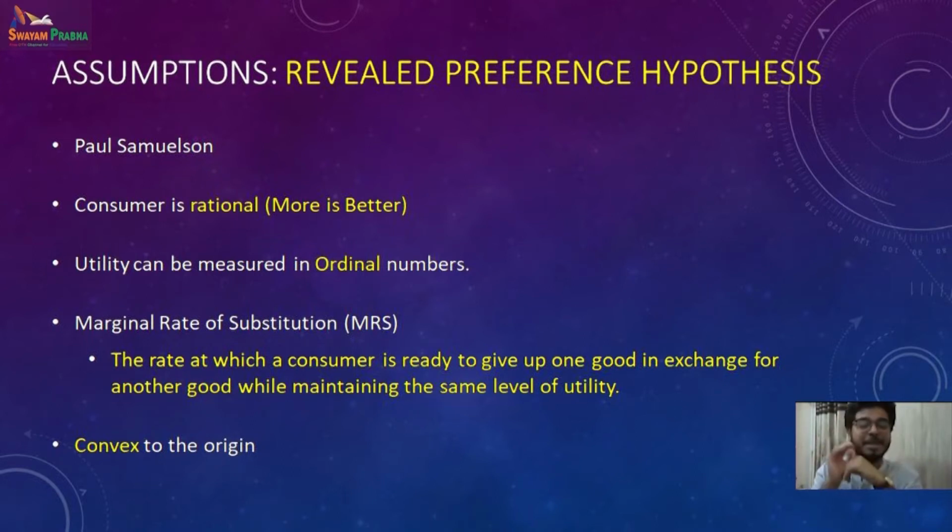What does that mean? That means whenever I am having more of a particular commodity, the amount of satisfaction I gain out of that commodity continues to decrease. The amount of extra, marginal, incremental satisfaction I am getting continues to decrease.